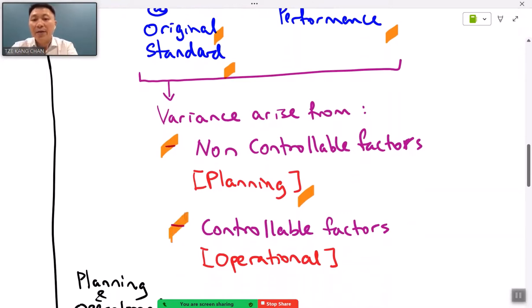Secondly, variances arising as a result of factors within the control of the management team, which mainly relate to each respective operational department. Therefore, these variances are operational in nature.